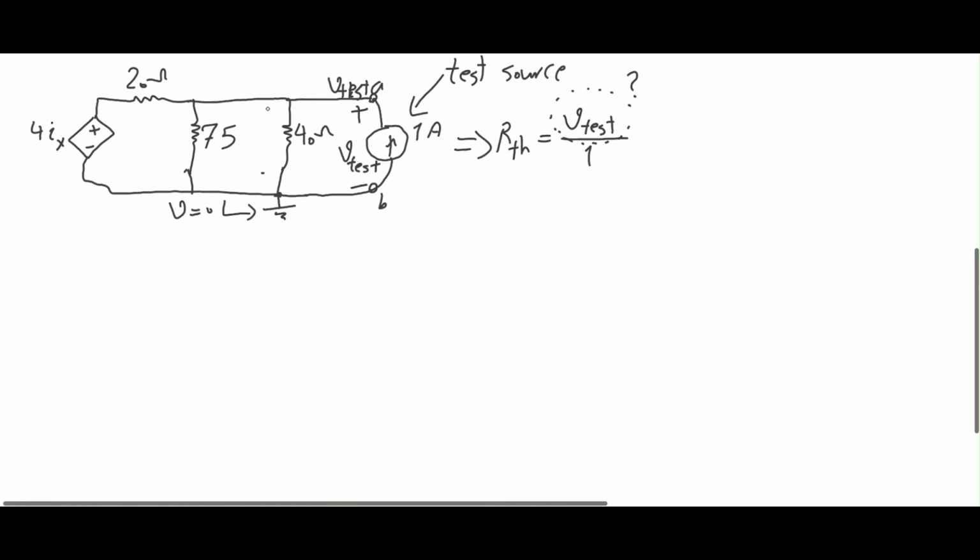Okay? Can I say that this voltage is the same voltage at this node and the same voltage at this node? So all these parts are the test voltage. I'm going to call it VA for now.